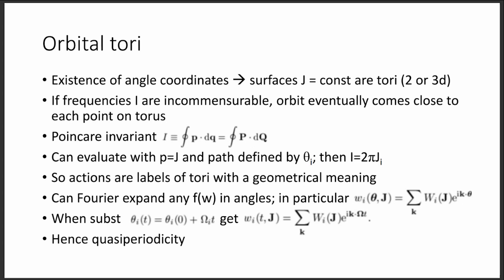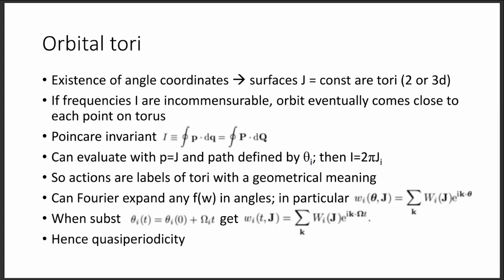They're going to be the stuff of phase space. How do we quantify one of these tori? Well, Poincaré showed that if you do the integral P dQ around a closed path, the number you get out is independent of which canonical coordinates you use. So if p and q is one system of canonical coordinates, and big P and big Q are another, these two integrals around closed paths in phase space are the same. So we can now do this on particular closed paths on our orbital tori.